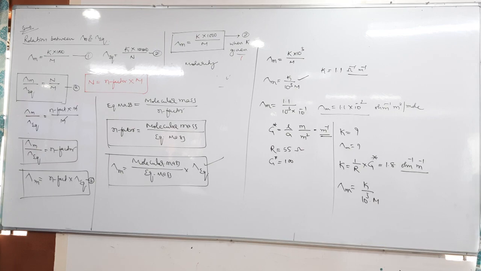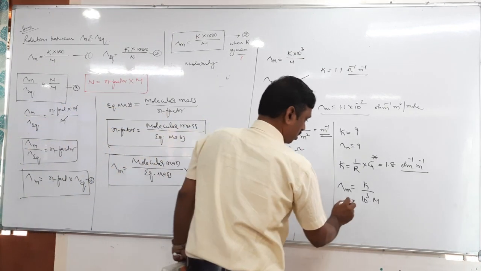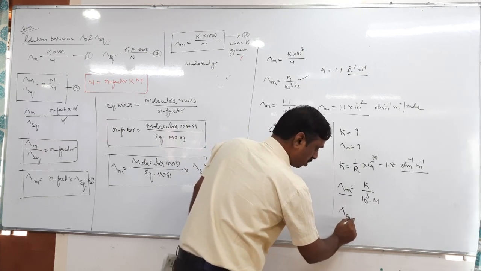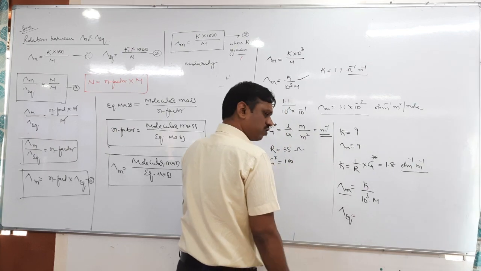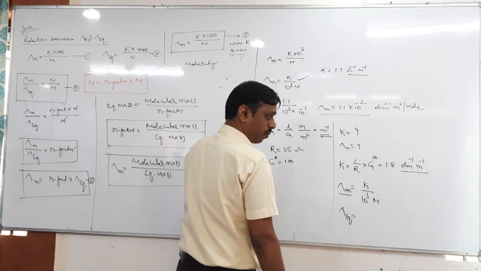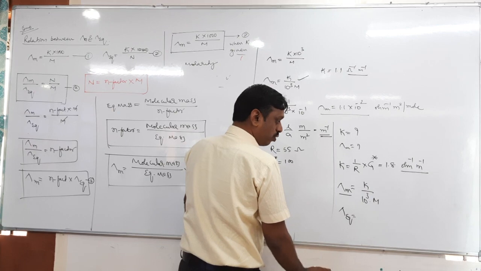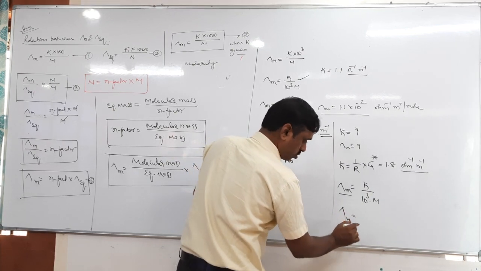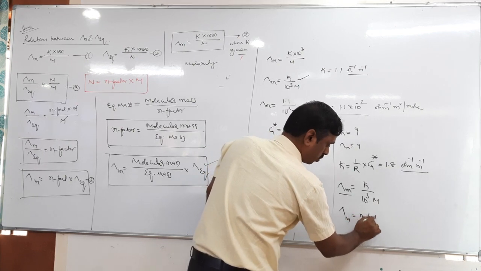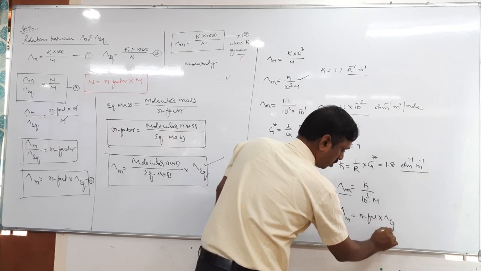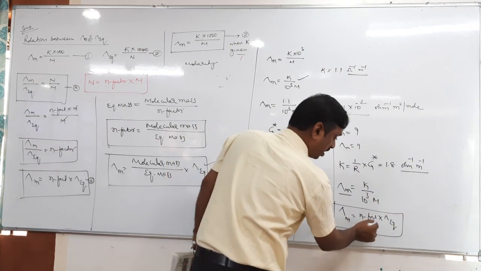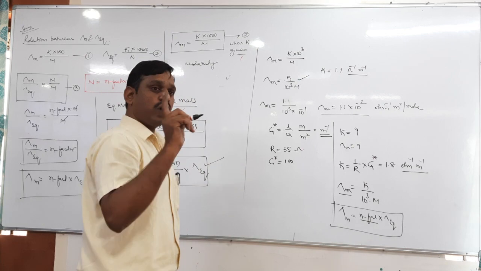Now suppose lambda EQ is asked, how do you calculate it? Calculate lambda m first. From lambda m, is it possible to calculate lambda EQ? Yes. What is the relation between lambda EQ and lambda m? Lambda m is equal to n factor into lambda EQ. What is the n factor for sodium hydroxide? 1.